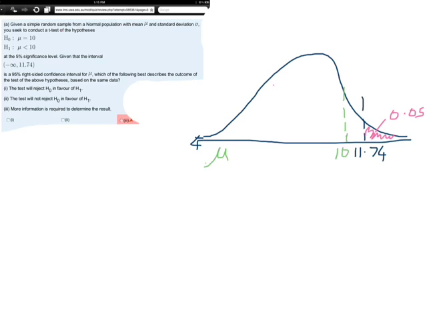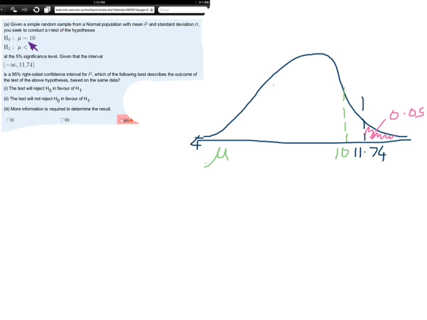So up to 10 is what we're looking for. 11.74 was the information that we already had, and we knew that there's a 0.05 chance of it being greater than 11.74. So what's the rejection region for this mu? This is the test that we're trying to test.